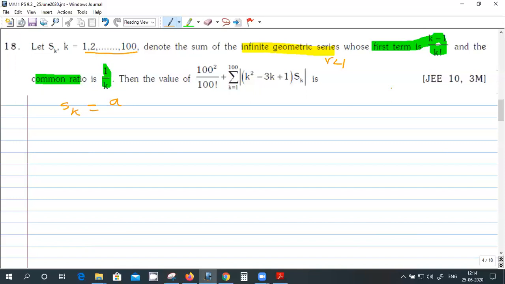Okay, let's leave that thing apart. So he's saying the first term A is K minus 1 by K factorial, and the common ratio is 1 by K. So the series is K minus 1 by K factorial. The second term will be K minus 1 by K times K factorial.